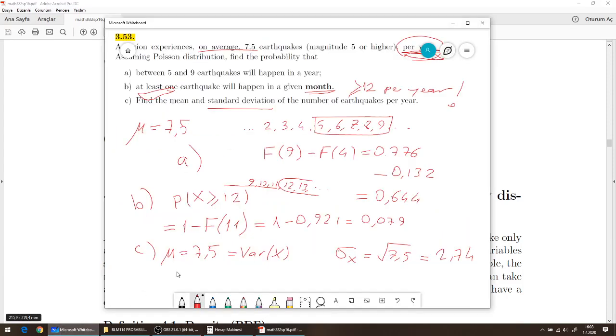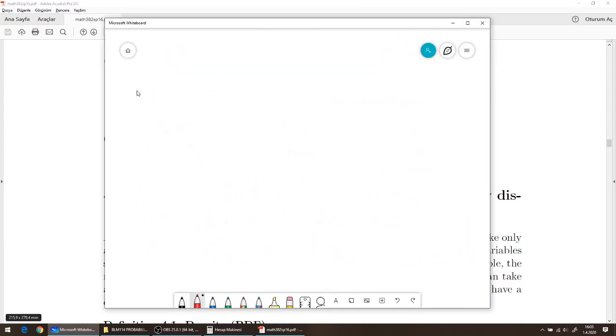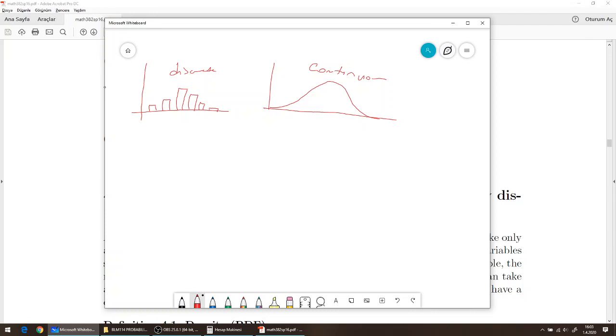What is the main difference between them? Let me draw. Up to now we involved with distributions like this. This is discrete. And a continuous distribution is something like this. Let me draw a better plot. For example, this is a continuous distribution.